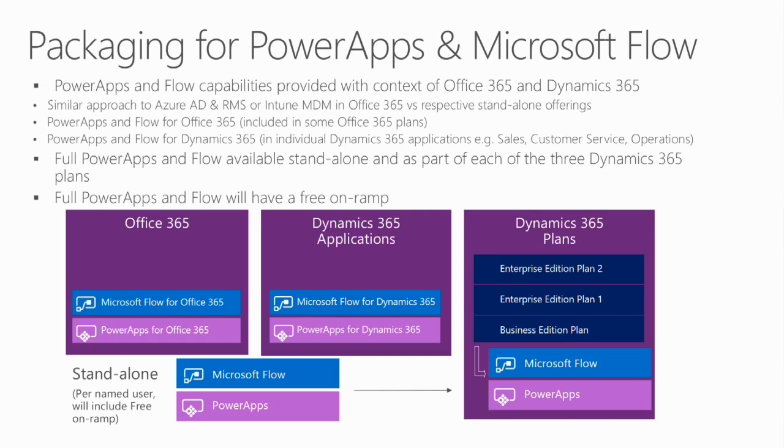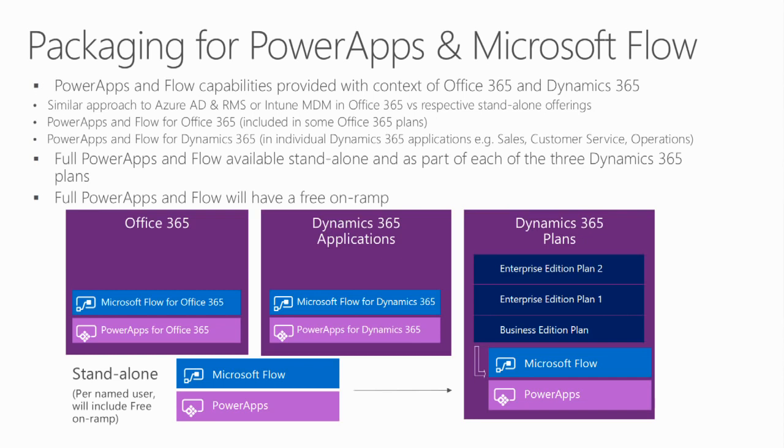You can purchase those individual applications, and whenever you purchase one of those Dynamics 365 applications, it will come with Microsoft Flow and Power Apps built in. So we will be available in every single Dynamics 365 application. Same thing with Office 365. Whenever you purchase Office 365, that respective Office 365 app will be available with Flow. Finally, the Dynamics 365 plans are groups of different applications that work together, and those will also include Microsoft Flow.